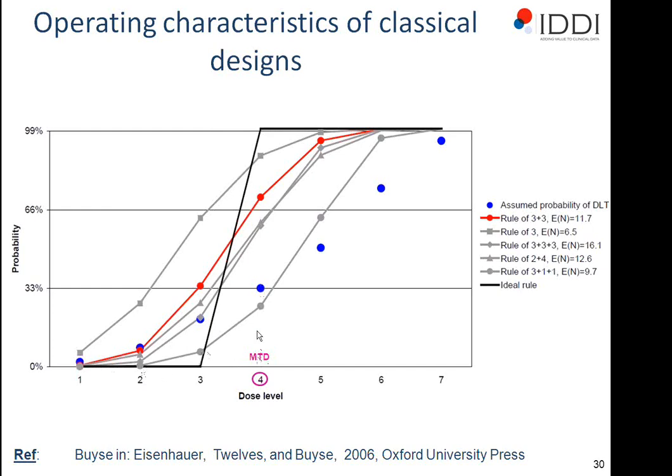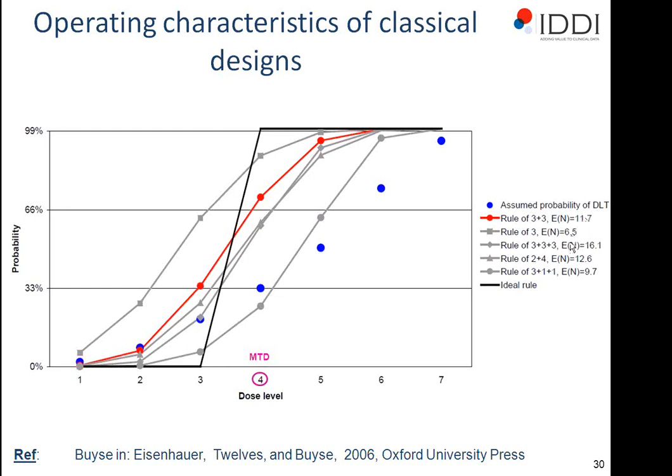But again, it's about 1/3 of the patients who get assigned to the MTD. And this means that essentially, similarly to the 3+3 design, this MTD is selected in only 1/3 of the cases. So this shows that essentially the modifications of the 3+3 designs are not very much different in terms of the selection of MTD.